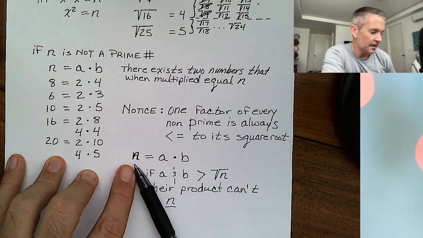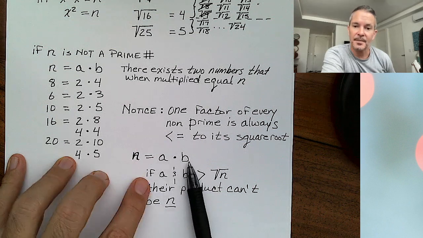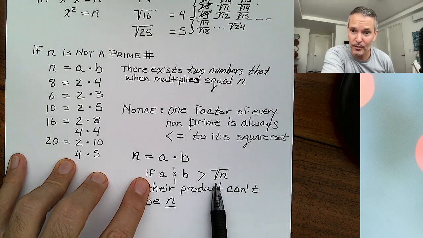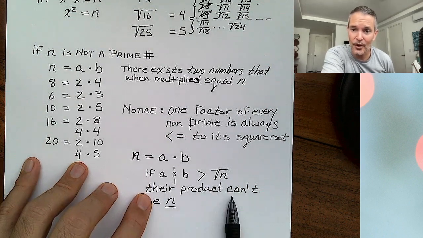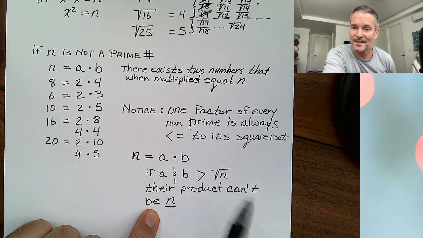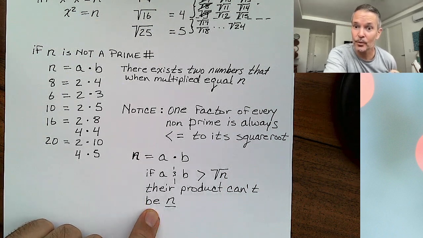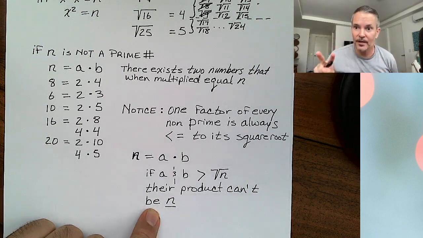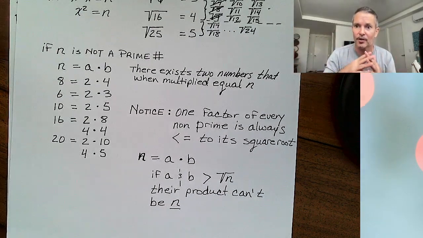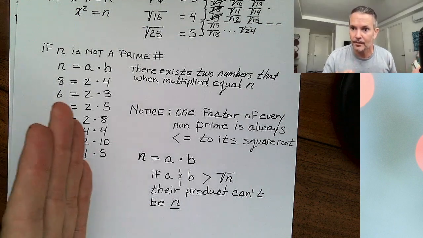So here, if n equals a times b, and a and b are both greater than the square root of n, there's no way their product could be n, because the square root of n times the square root of n equals n. So if both of the numbers are bigger than the square root, there's no way the product could equal the number.